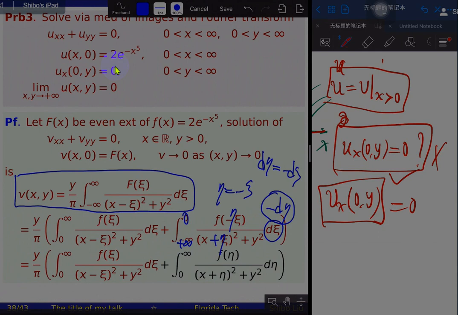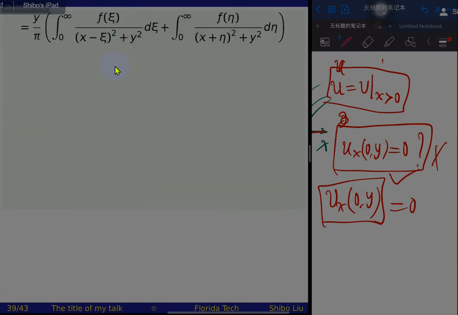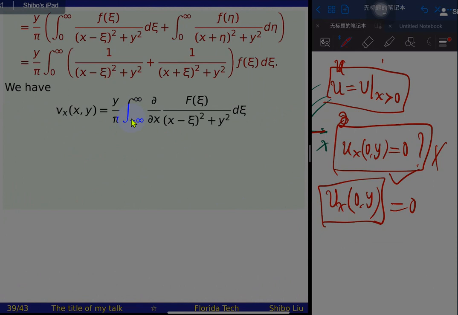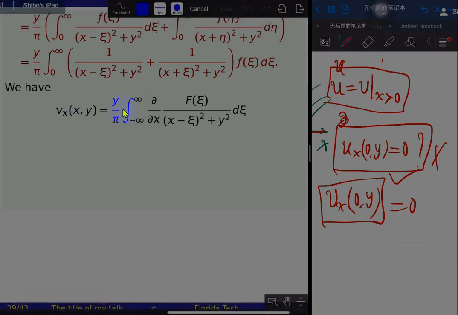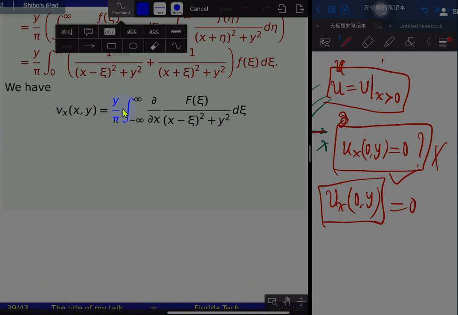Now remember this expression. I will go to the next page. Using the expression, since v is the integral of capital F divided by this, the partial derivative of v with respect to x is the partial derivative taken here.